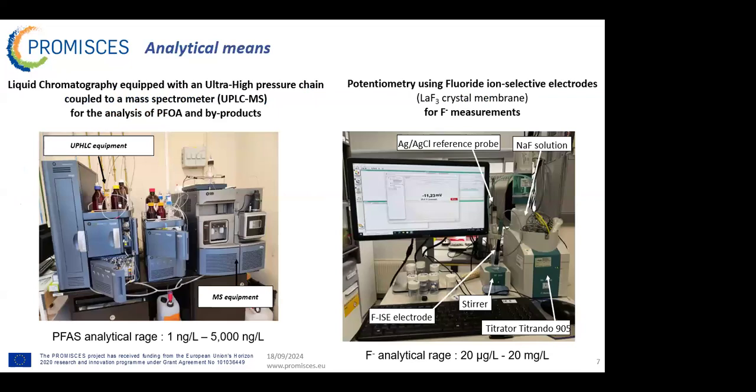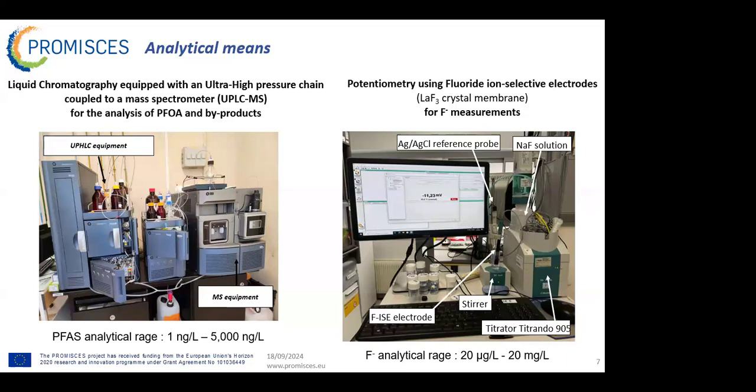To analyze the procedure, we use ultra-high-pressure liquid chromatography coupled to mass spectrometry, LC-MS, for the analysis of PFOA and byproducts. The PFAS analysis range goes from 1 nanogram per liter to 5,000 nanograms per liter.